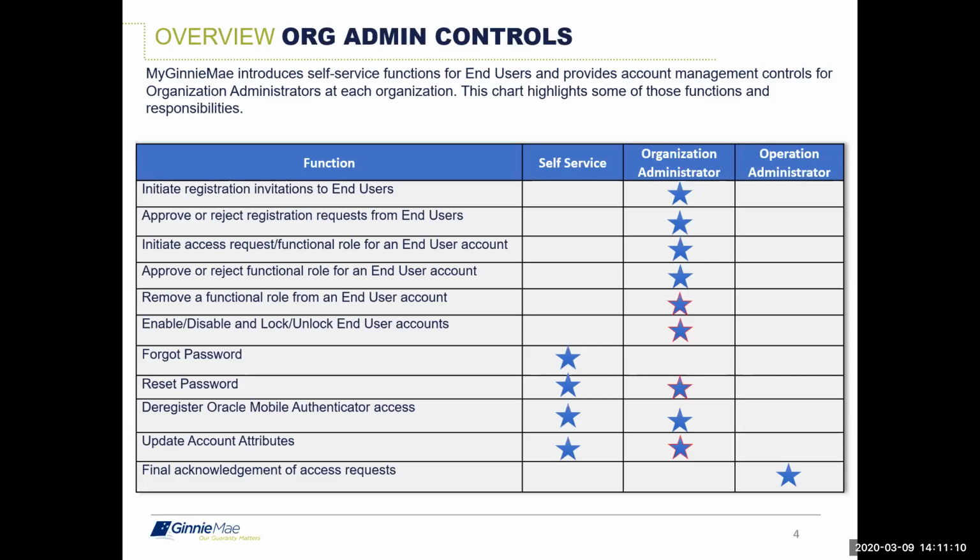If their token was not available or they did not have a token at the time that they completed that step, you as an organization administrator can go back later and add an RSA serial token to the user account, and we'll talk about what you need to do to make that happen. And those are the account management functions that we're going to cover today. Next slide.